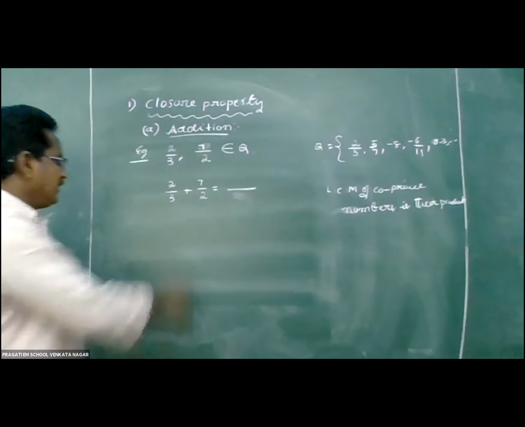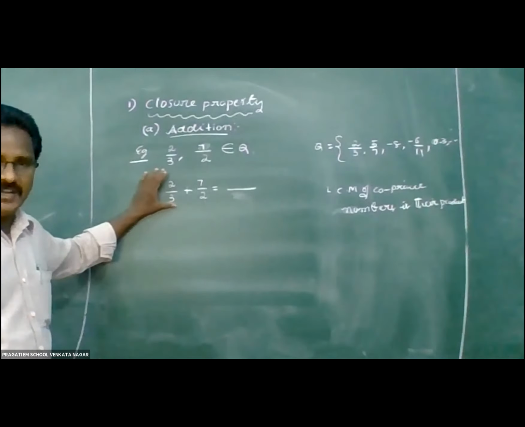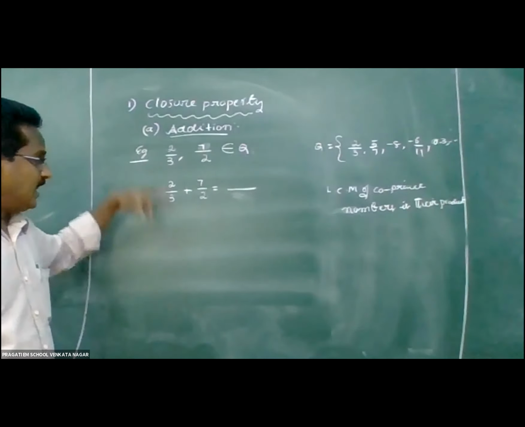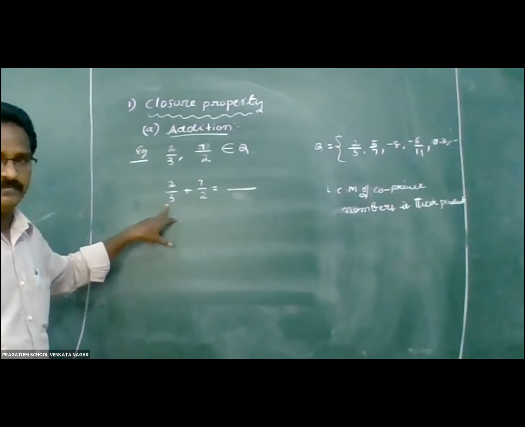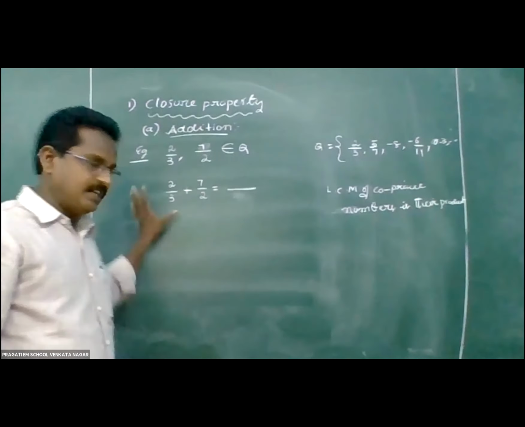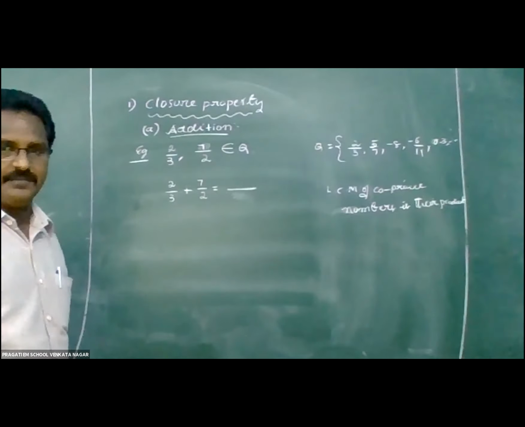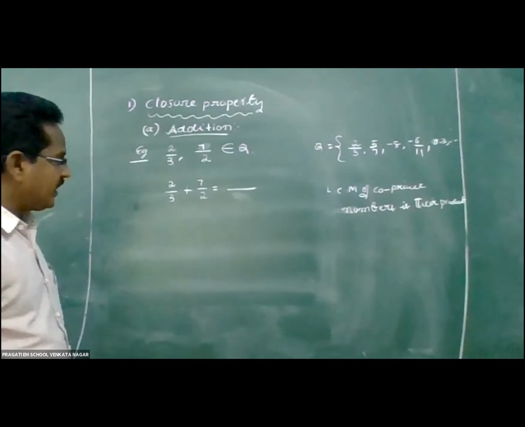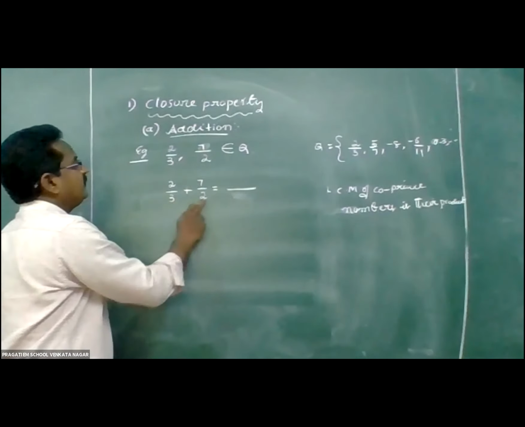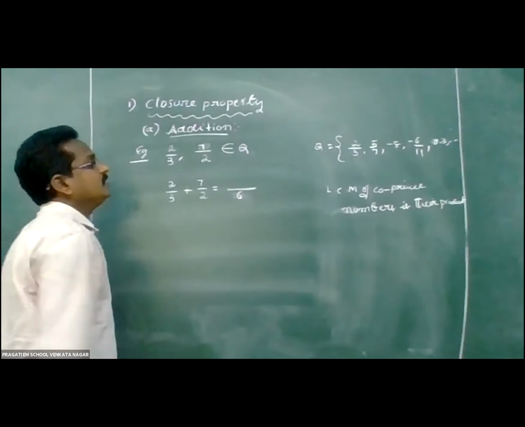So first we have to change unlike fractions into like fractions. Up to 5th class, we learned very well about additions and subtractions of unlike fractions. Now we are in 8th class, so we can do it like this. The LCM of these two numbers is 6, because 3 twos are 6.